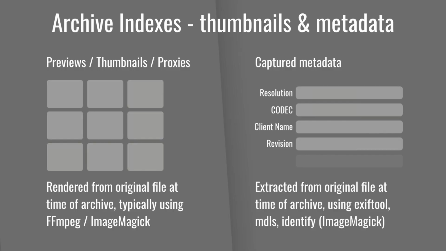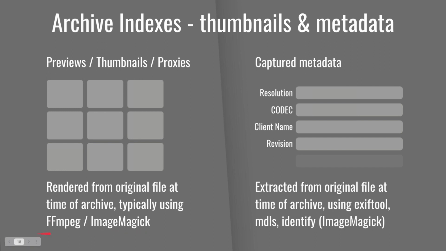So the previews and the captured metadata that you saw there, on the left-hand side, I've got previews, thumbnails, and proxies, all different words for the same thing, really. These are rendered from the original file at the time of archive on the machine where that file was sitting.